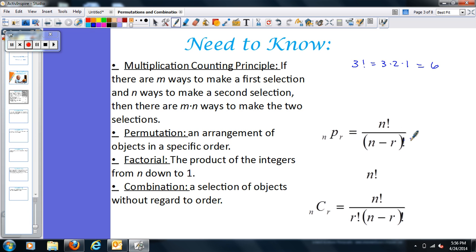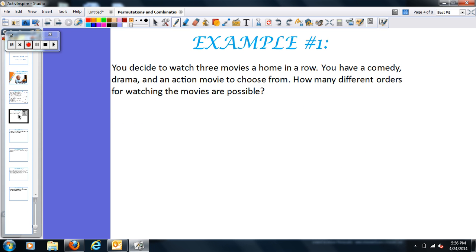And let me make sure that you see this is an exclamation point right here. On both of these, that is an exclamation point. So when you're doing these problems, the first thing you need to decide is, is it just the multiplication counting principle? Is it a permutation or is it a combination?